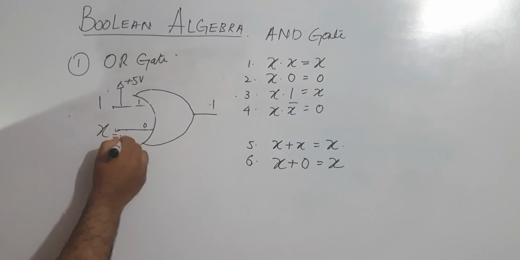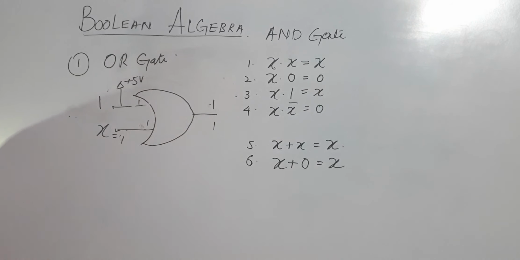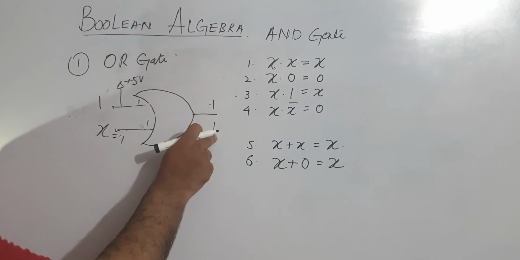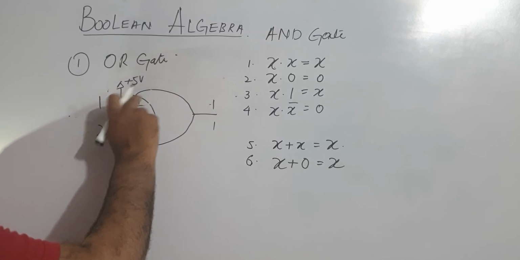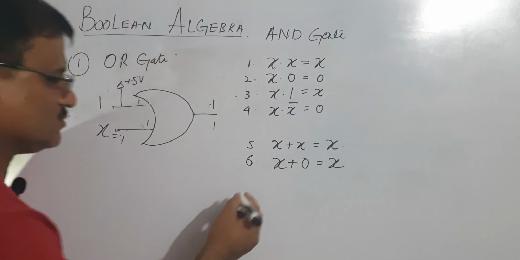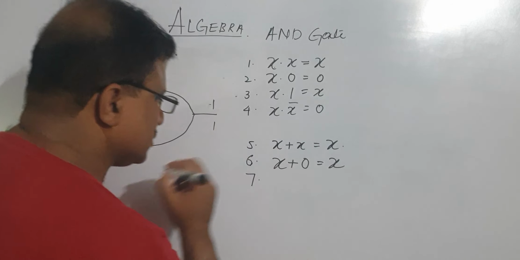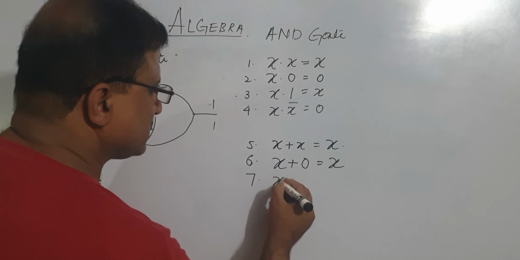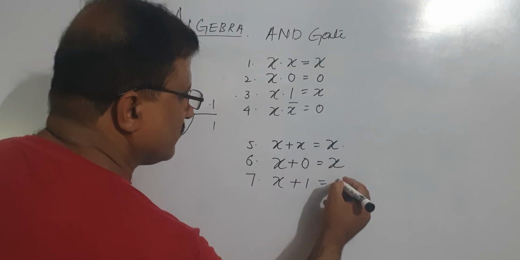If x is equal to 1, this is 1, 1, output is 1. So output is not following the value of x. It is always equal to 1 because one input of this OR gate is permanently 1. So with this condition we have the seventh Boolean identity, and that is x or 1 is always equal to 1.